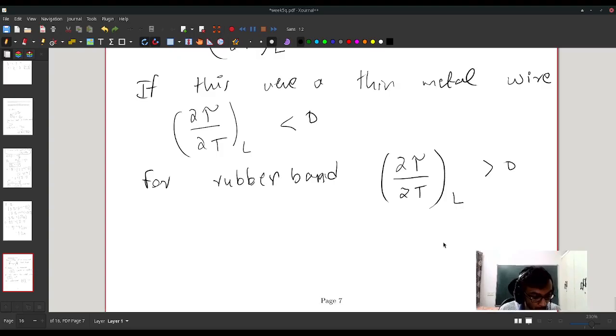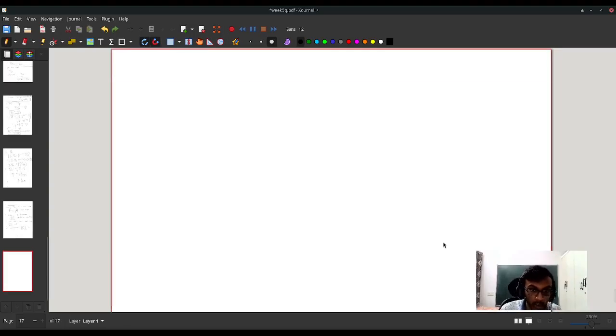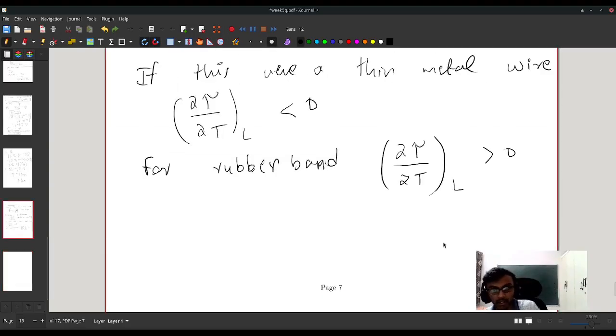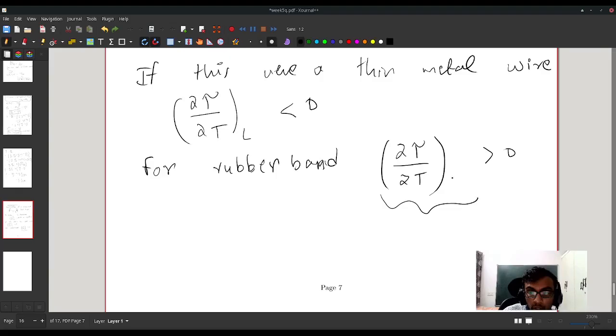So before we go on to the microscopic model of the rubber band, let us simply use some Maxwell relation and relate this to some other quantity. That will actually be quite useful when we write the thermodynamic model and do the interpretation.